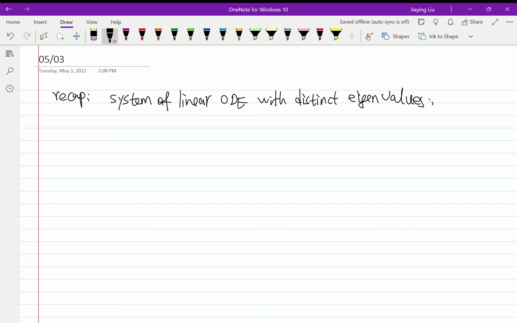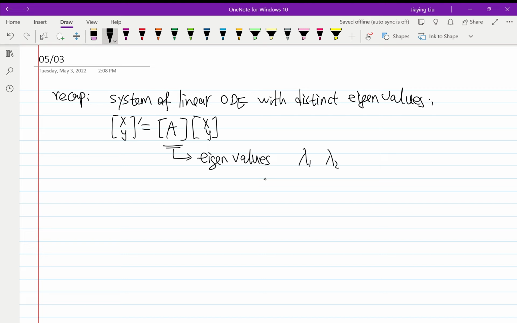If we had a system that looks like x y derivative equals some coefficient matrix A times x y, then we focus on A to find the eigenvalues. They're different, lambda 1, lambda 2, they're not the same.